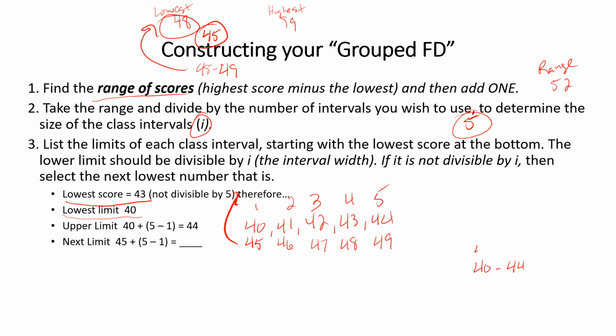The next one would be 45 through 49, going up from there, all the way up as far as you're going. Let's say you were going all the way to 100, you'd keep going up all the way to 100.